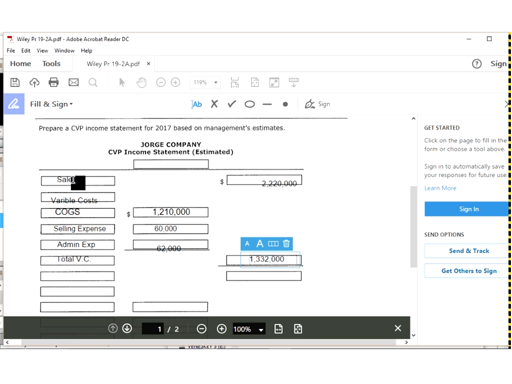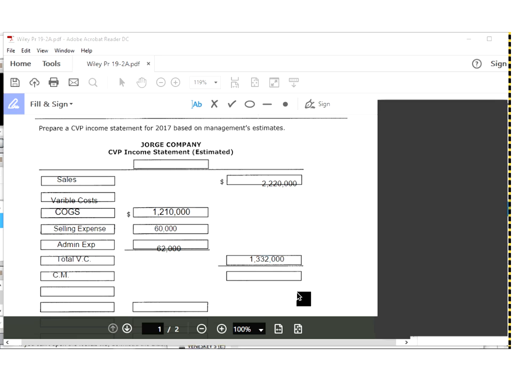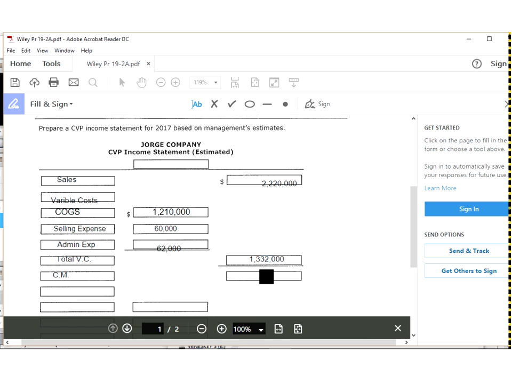And then back to the lecture example, if you take your sales minus your variable cost, instead of gross profit for managerial, we call this our contribution margin. Okay, so let's do the subtraction. We got $888,000.